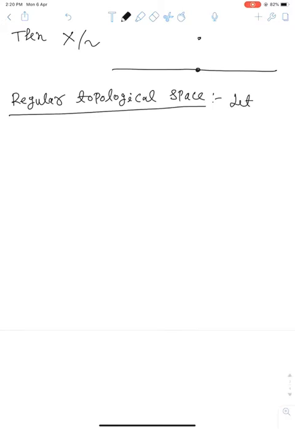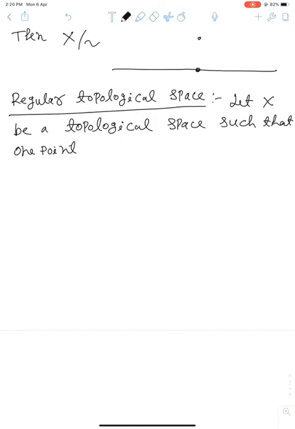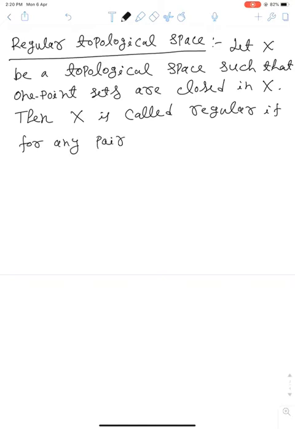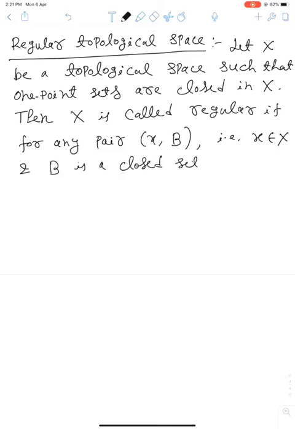So let X be a topological space such that one point sets are closed in X. Then X is called regular if for any pair x, B, that is x belongs to X and B is a closed set in X.